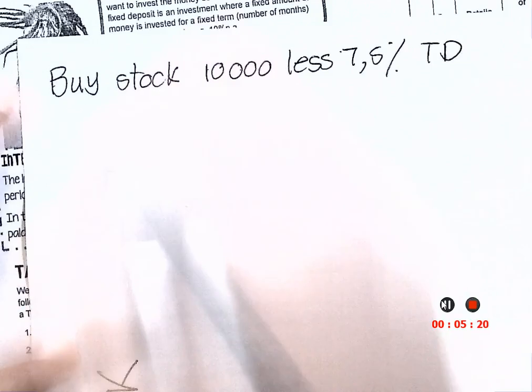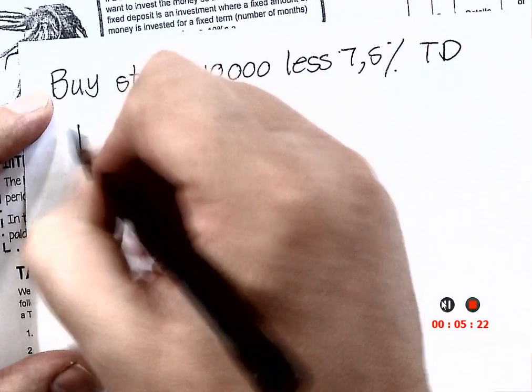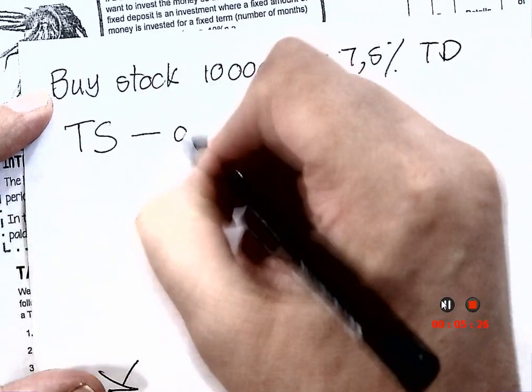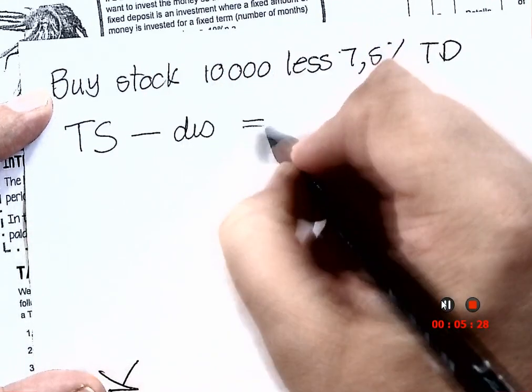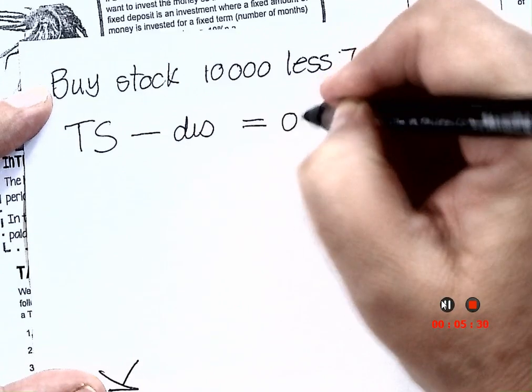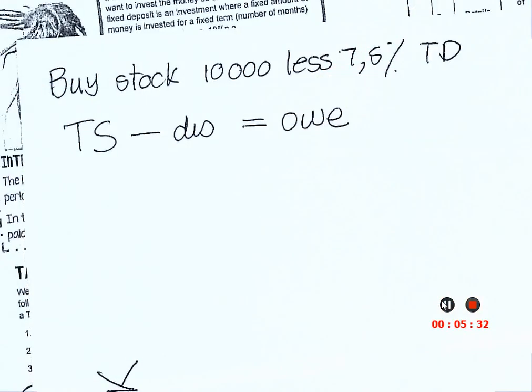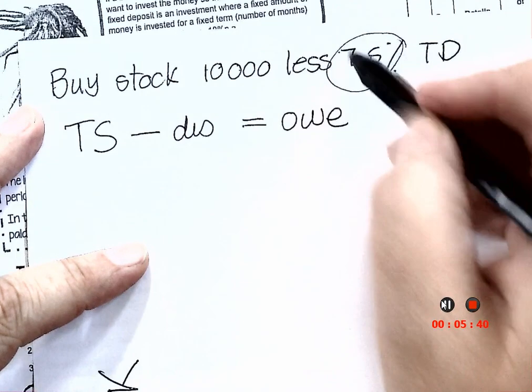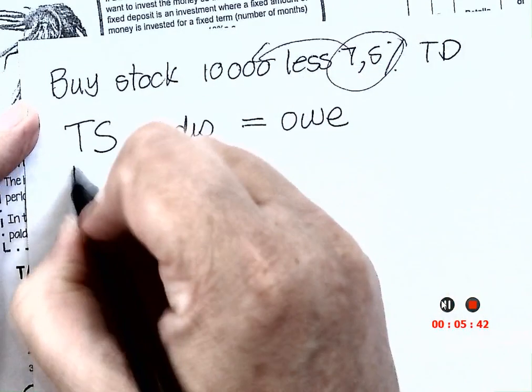I have my stock. I subtract the discount and then I get the amount that I owe. Which one is going to be the 100? The trading stock. Because can you see the 7.5 is calculated on the trading stock.